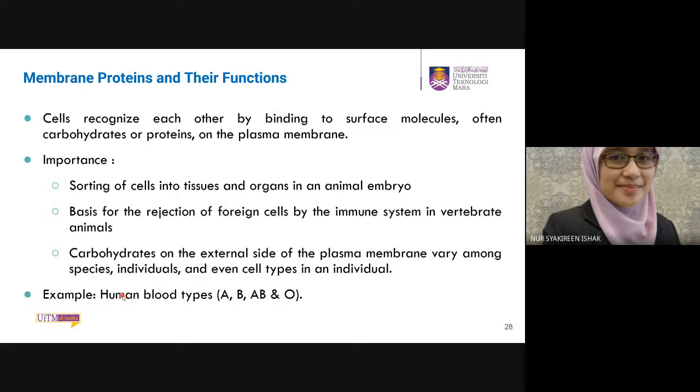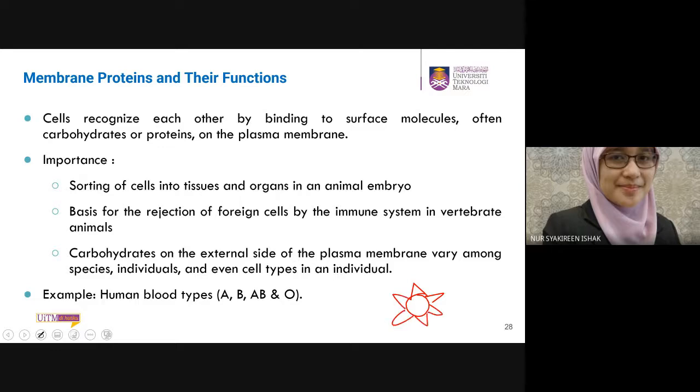So host badan awak tiba-tiba masuk foreign substance. This foreign cell will have antigen on the cell surface. Your body will produce antibody that will attack that foreign cell. So that is the basis for the rejection of foreign cells. If I were to draw, contohnya, a virus contohnya. Virus.